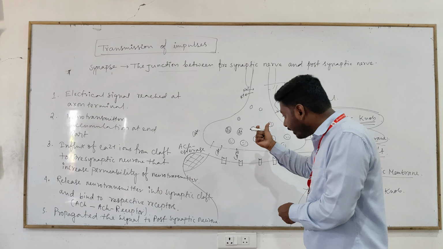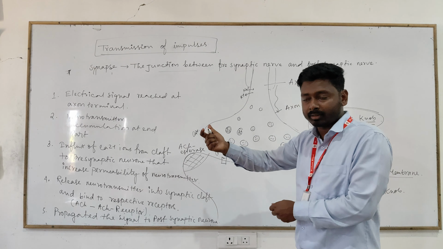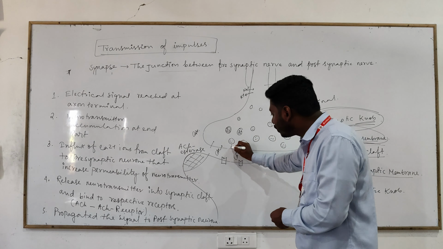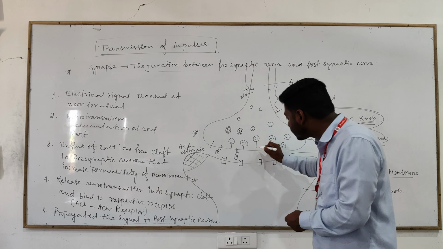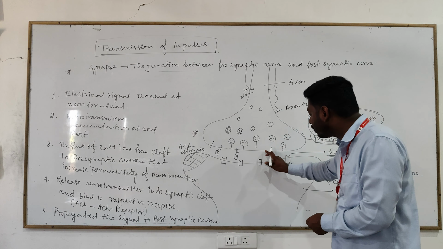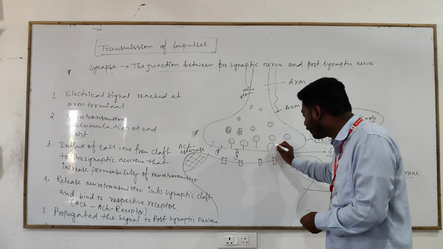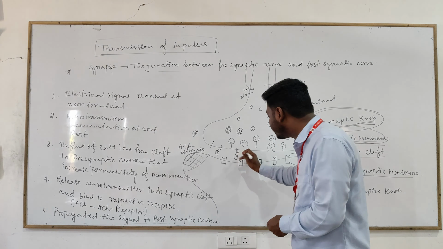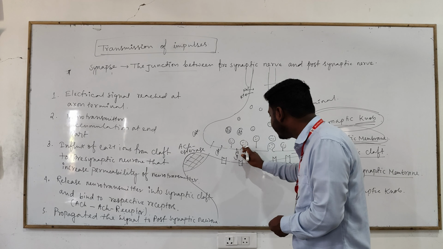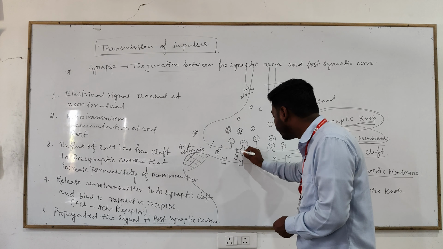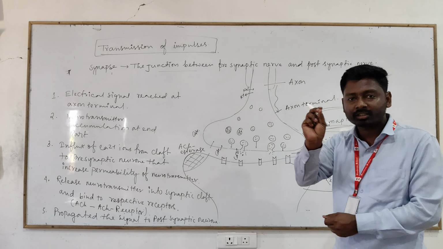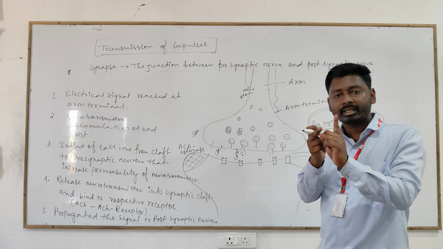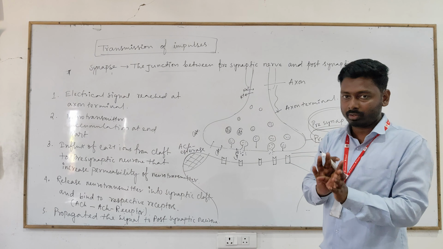With increased permeability, the neurotransmitters come closer to the presynaptic membrane, fuse with the membrane, and release their neurotransmitter. These neurotransmitters are of different types: they can be excitatory or inhibitory.